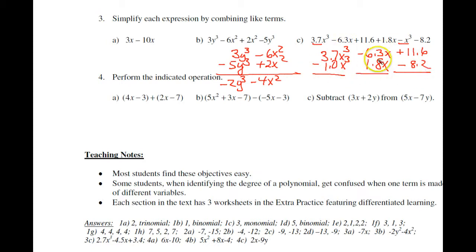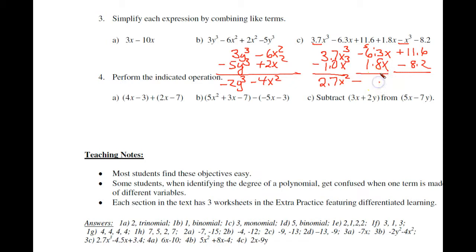Theoretically, you can add them up separately if you want. So this one is going to be 2.7x to the third. Now this we know is going to be a negative because the negative is the larger absolute value. We're going to borrow one. This is going to become a 5. This is a 13 now.